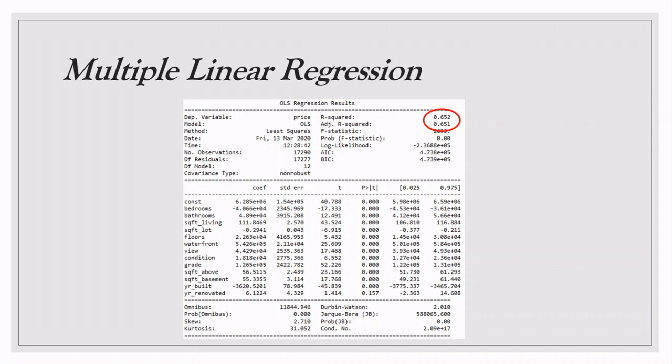And our adjusted R-squared value, which increases only if a new predictor variable enhances the model above what would be obtained by chance, is only slightly lower at 65.1%.